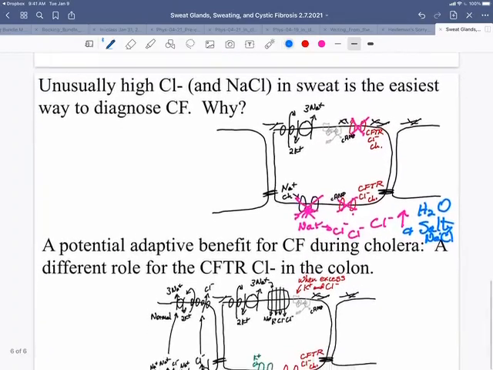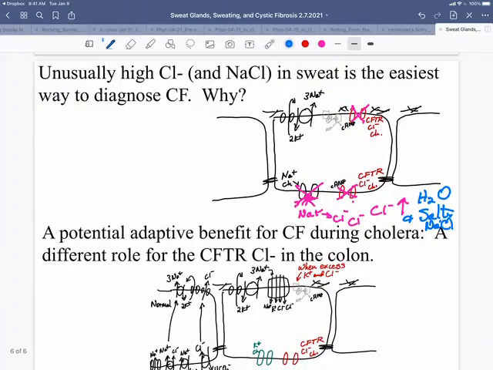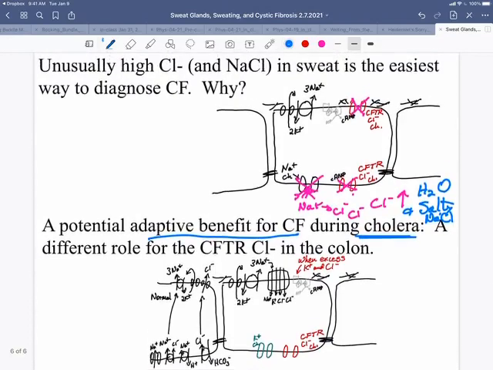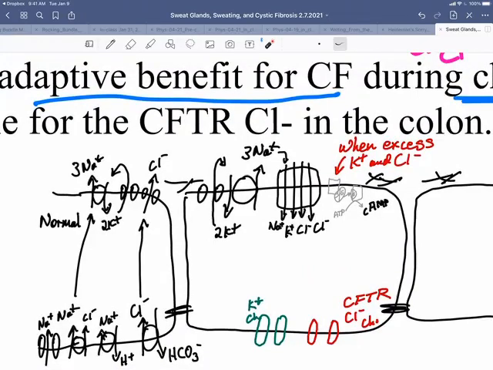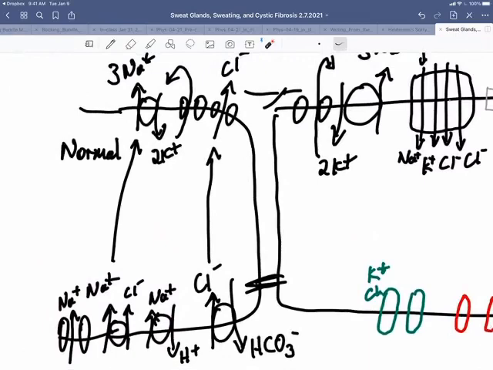Now, there's a potential adaptive benefit of cystic fibrosis during cholera epidemics. And that's because the colon has a different role for the CFTR channel, the cystic fibrosis chloride channel. Normally in the colon, you need to reabsorb all that salty fluid that kept your gut contents fluid. And so you have a series of ways for sodium to get from the lumen into the cell.